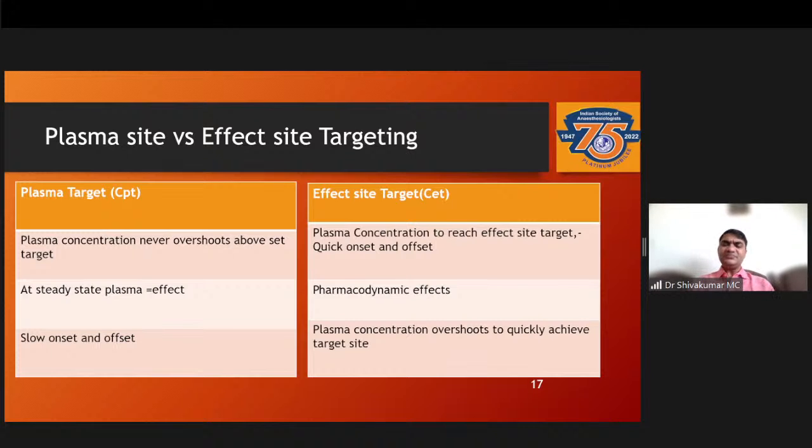Hemodynamic disturbance will be much more common in effect site targeting because there will be a plasma overshoot. Even if you set a target of 4 microgram of effect site targeting, sometimes the plasma concentration may reach up to 12 or 13 micrograms. That's why the chances of hemodynamic perturbations are much more common in effect site targeting.